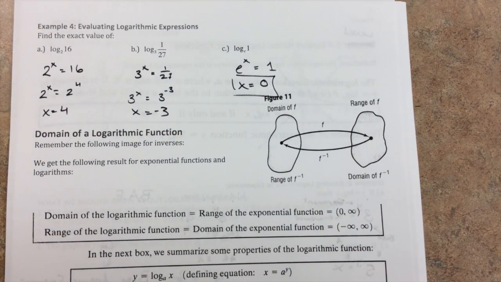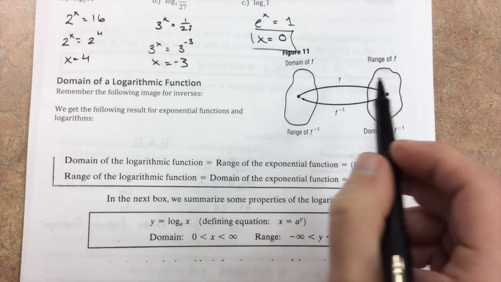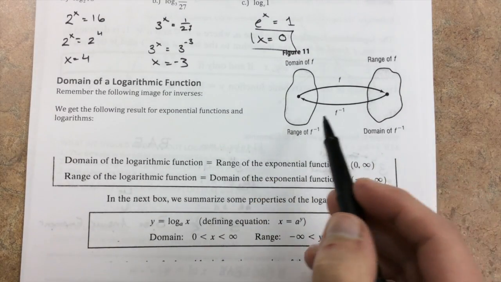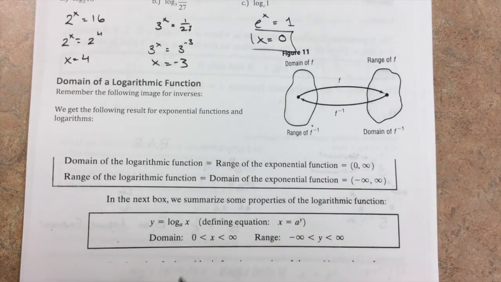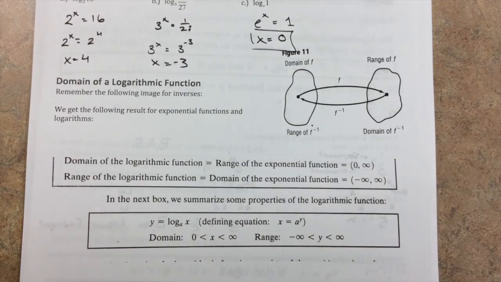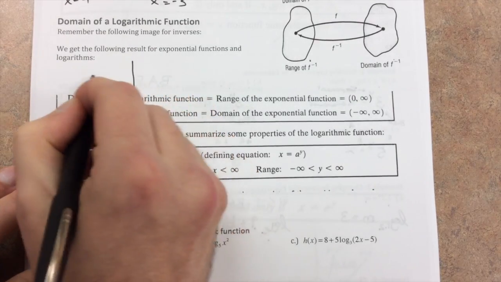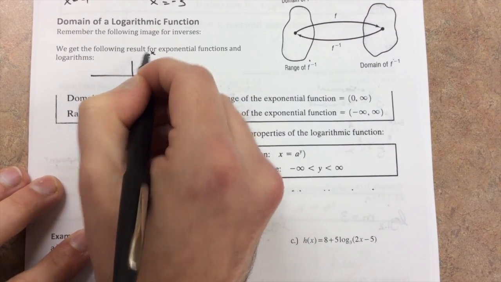So then with the domain of a log function, remember this is from inverses that we talked about two videos ago. The domain of f gives us the range of the inverse, and the range of our function gives us the domain of our inverse. So if you remember what the exponential function looks like graphically, here's, say, e to the x.